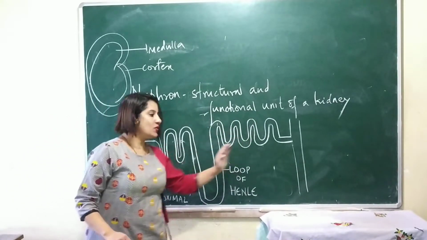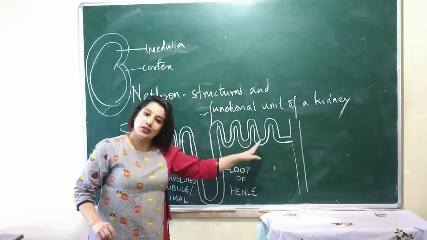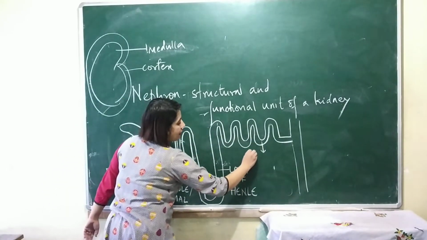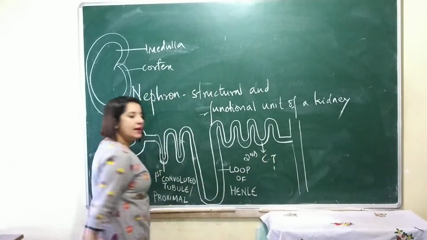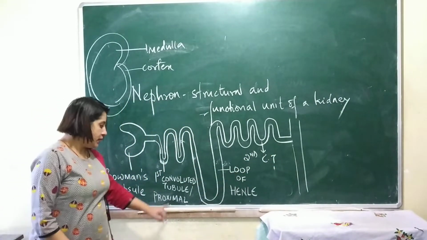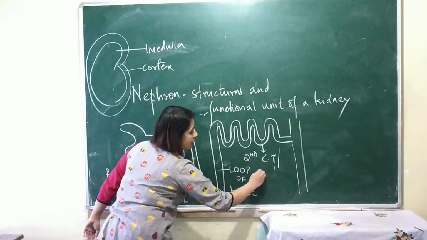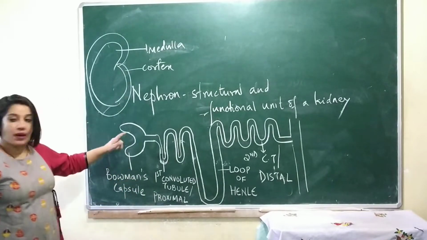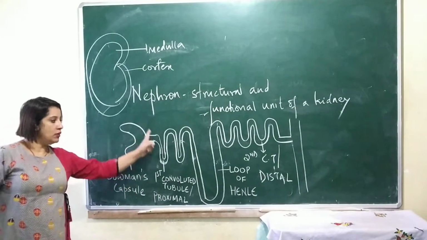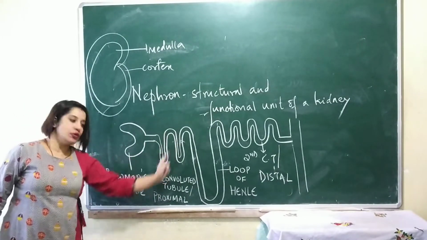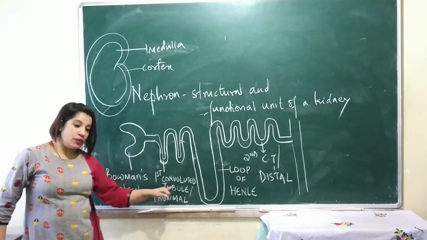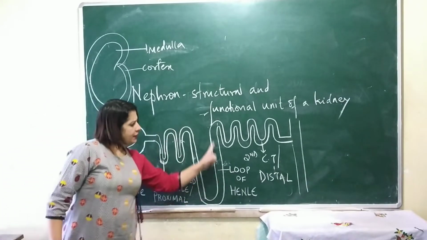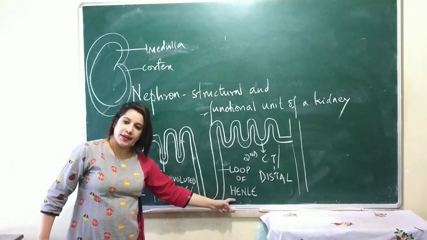Now this was the first convoluted tubule, so this will be the second convoluted tubule, or the distal convoluted tubule. So the cup-shaped structure, Bowman's capsule, the first coiled tube, first convoluted tubule or the proximal convoluted tubule, then the U-shaped structure, loop of Henle.